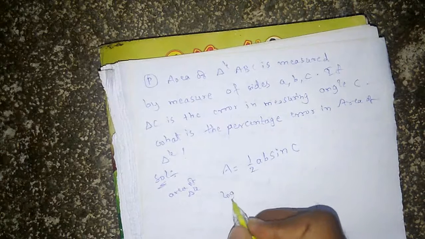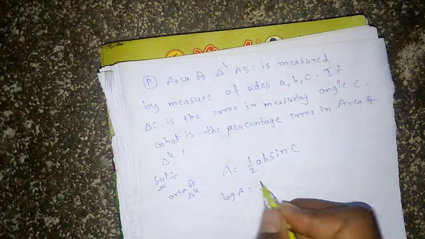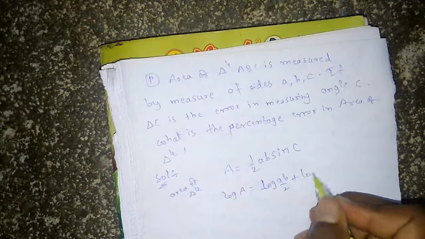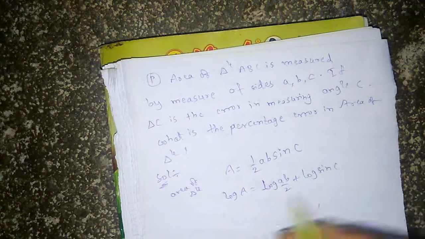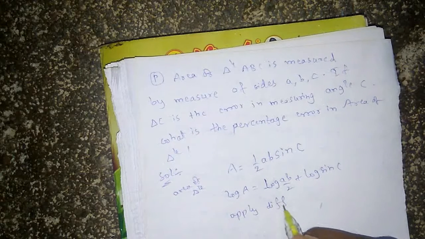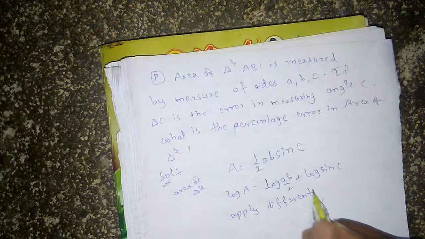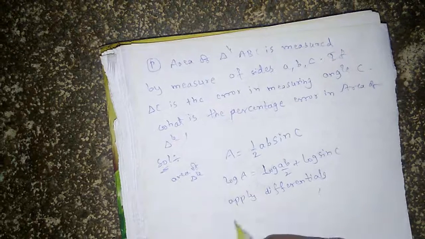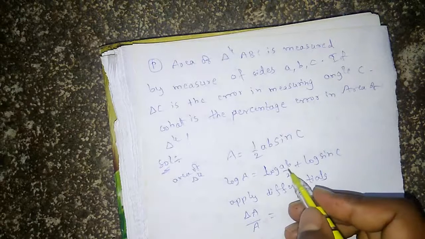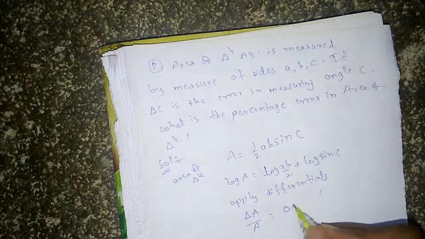Now apply logarithm. Log A is equal to log of ab by 2 plus log sin C. Now apply differentials. The differential of log A is delta A by A is equal to, here a, b are constants, here differential is 0.